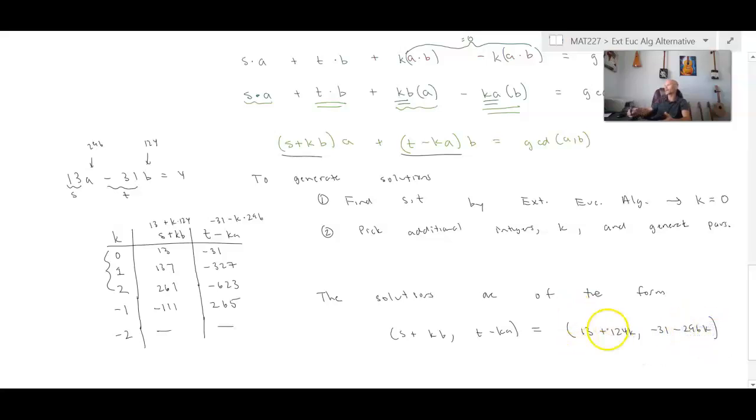And this is how we would describe the infinitely many solutions where K can be any integer. So, pick additional integers K and generate pairs of the form S plus KB and T minus KA. S, T, A, and B are already given to us, and K we get to choose as a value to generate a brand new set of coefficients.